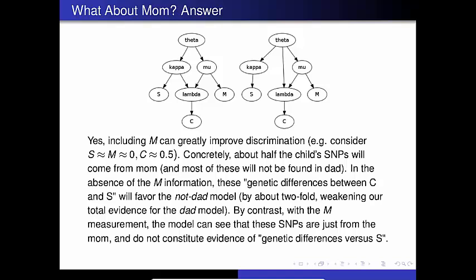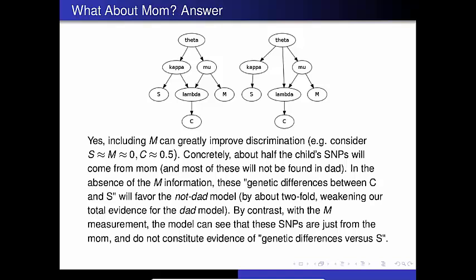There, lambda inherits two copies of the chromosome, one from mom with probability mu over 2 of getting the SNP, and another copy from the population allele frequency theta. What's the probability of inheriting the SNP on that copy? It's just theta, right? Under this model, where we're directly drawing the edge from theta to lambda.